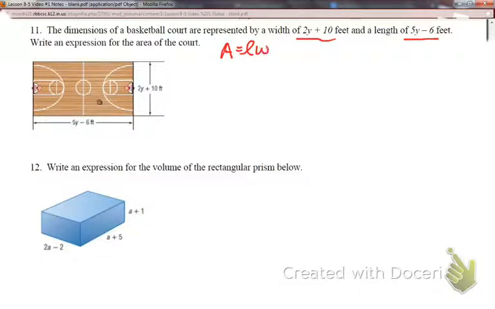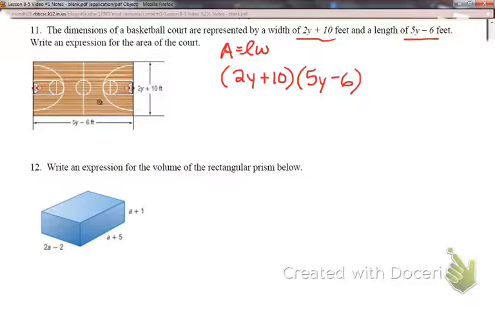And so we just have to take the length times the width, or the width times the length. You can write them in any order. So I could easily just put 2y plus 10, that's a binomial, times the other binomial 5y plus 6. Or no, 5y minus 6. Since these are both just binomials, we're going to use that FOIL method, which again is the same as just distributing twice.